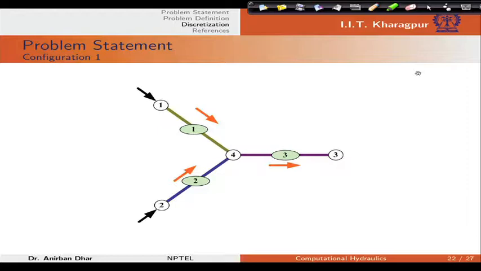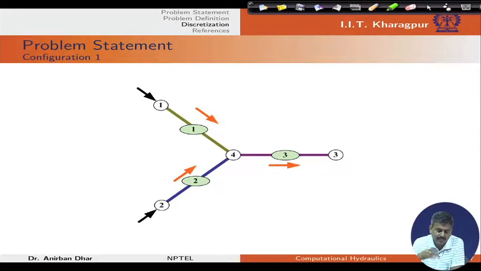So, configuration wise we have started with this configuration starting with 3 channels. First channel linking this node numbers 1 and 4, second channel 2 4, third channel 4 3.